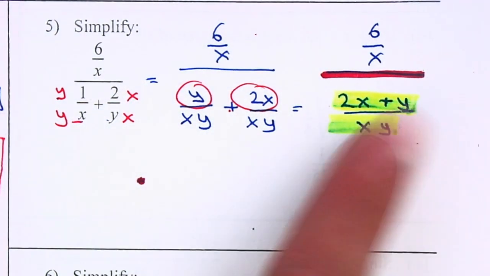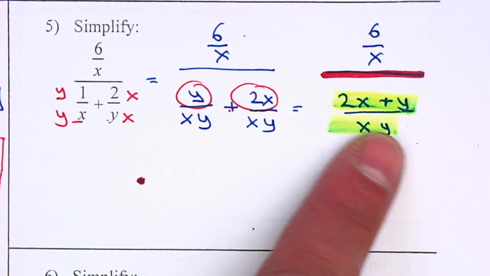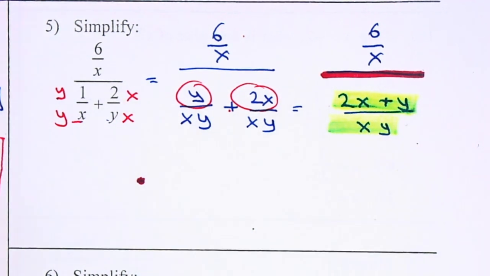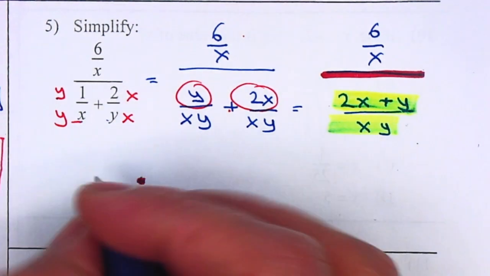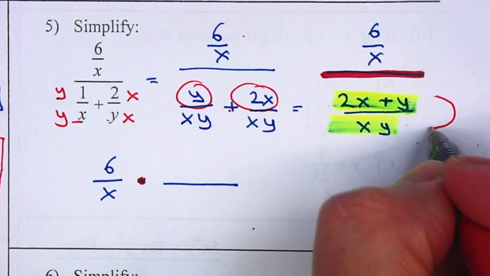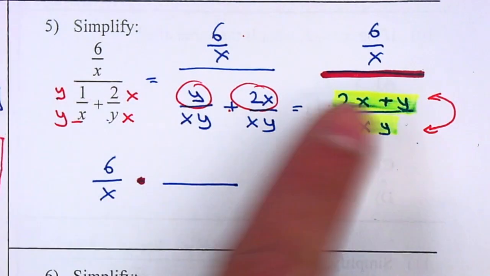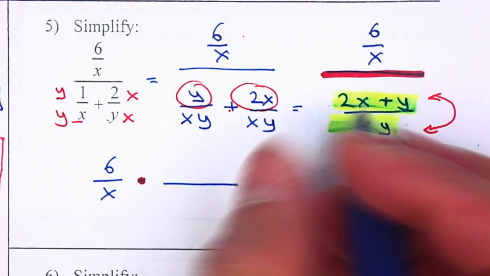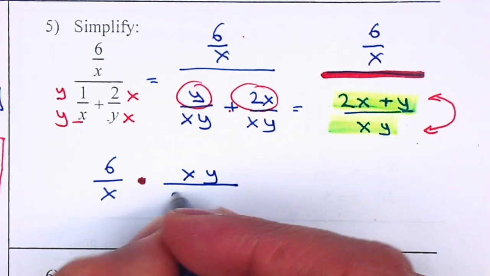Key thing, you want to make sure that you don't take any shortcuts and take the reciprocal of the second fraction. Your first fraction should remain the same. Your second fraction, you're going to take the reciprocal because you change your division to a multiplication. I'm going to have an xy over 2x plus y.